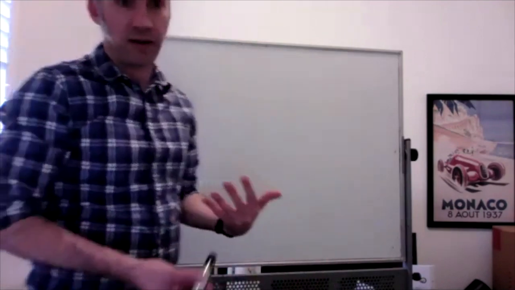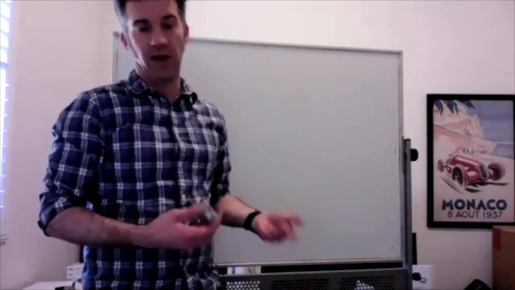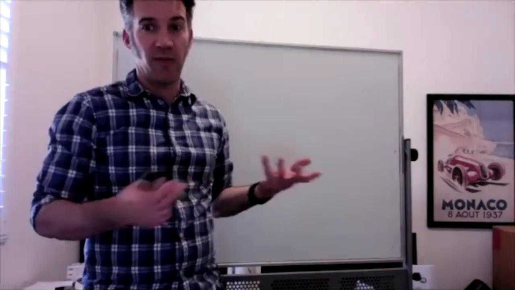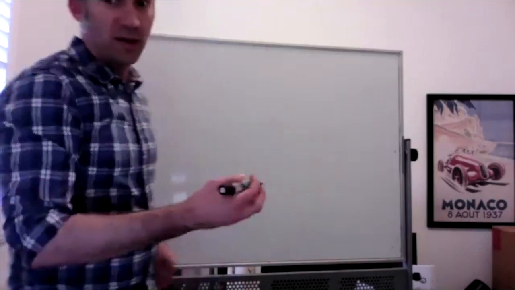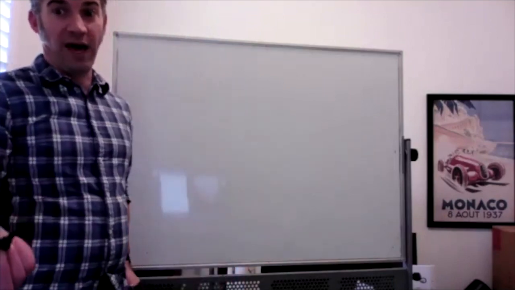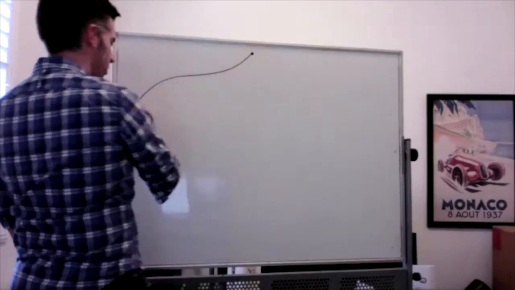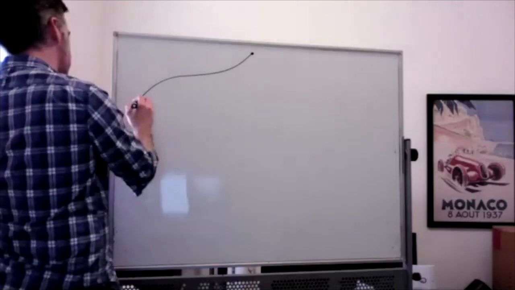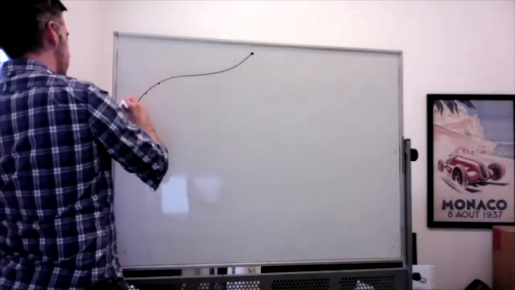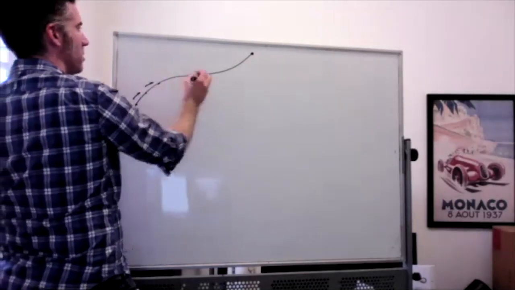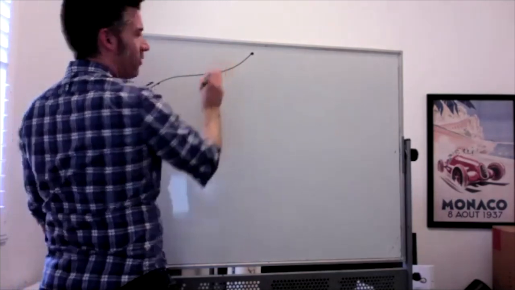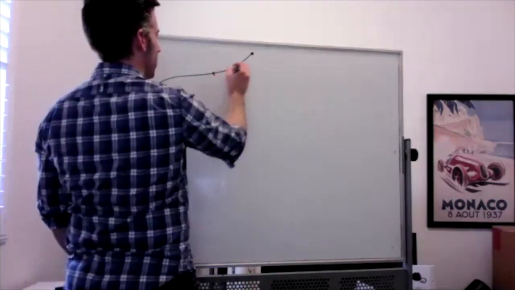The thing about arc length is, normally we're used to integrating with respect to x or with respect to y, but let's say we have a particle moving along a curve. The arc length it travels, we'll call s. So let's say we've got some curve, and there's a particle that's moving along. It's here, and then it's here, and then it's here, so it's moving this way. Let's focus specifically on when it moves from here to here.